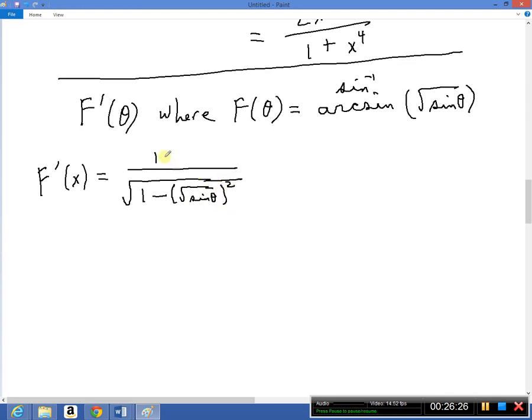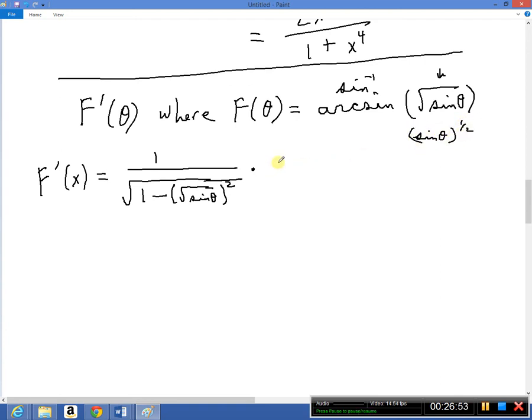Okay, so that is the derivative of the inverse sine, almost, except the chain rule says, wait a minute, that's not theta in there. That's not the independent variable. That's some horrible function of theta. So we got to multiply by the derivative of what's inside. How do I take the derivative of the square root of the sine of theta? Well, that's, remember, the sine of theta to the 1/2 power.